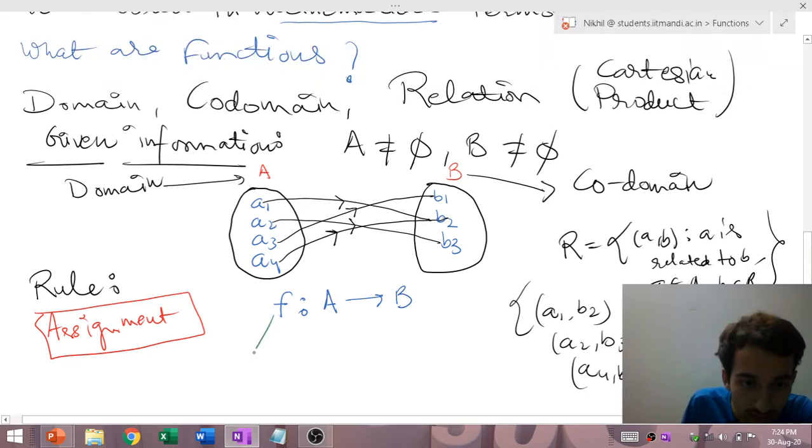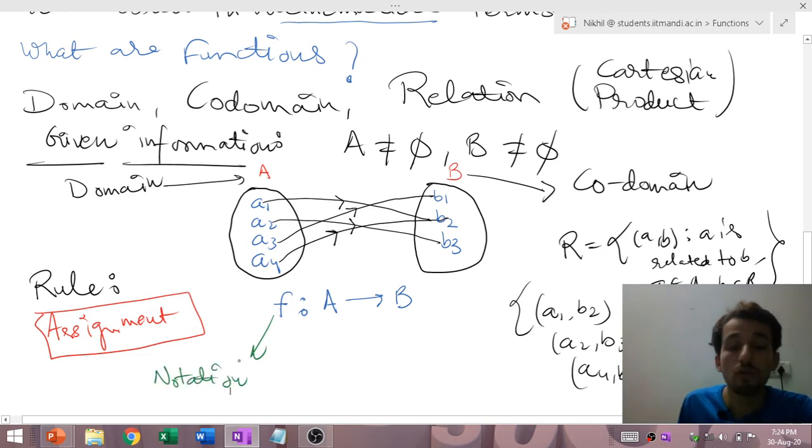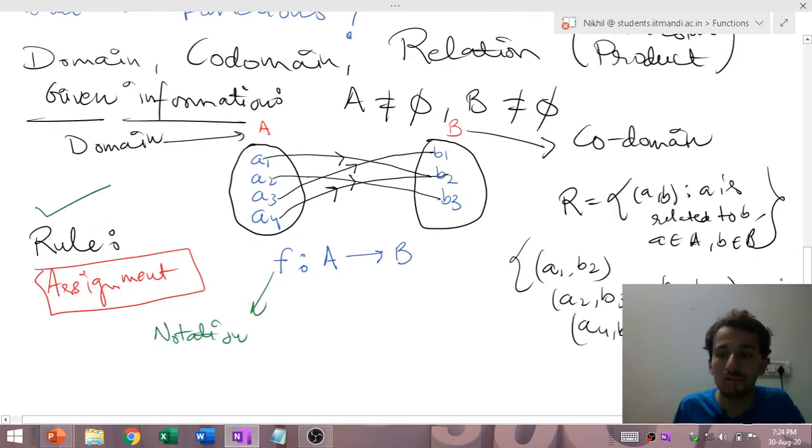This small f is a notation which I have used for representing this rule or this way of assignment of the elements of the domain to the elements of the codomain. So such a rule is called a function. This f, in this case, is called a function, and if we try to understand it again, what we have done here basically, now observe something: my elements of the domain, like this A1, is mapped to this B2. This A1, I am saying, is mapped.